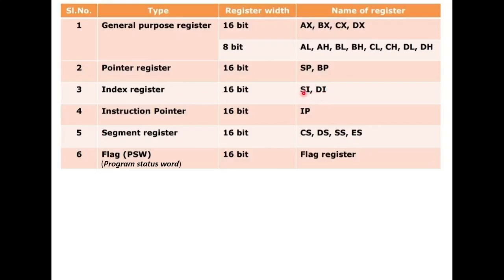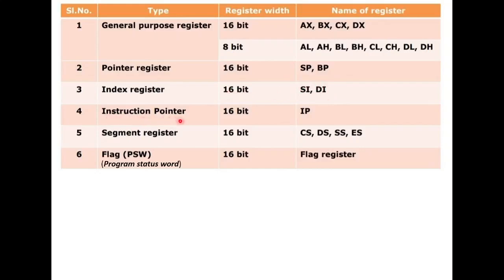They give the offset for the data segment and extra segment, and are used in string operations also. In string instructions, we use SI and DI to differentiate the source address and destination address, and these two index registers are 16-bit long.